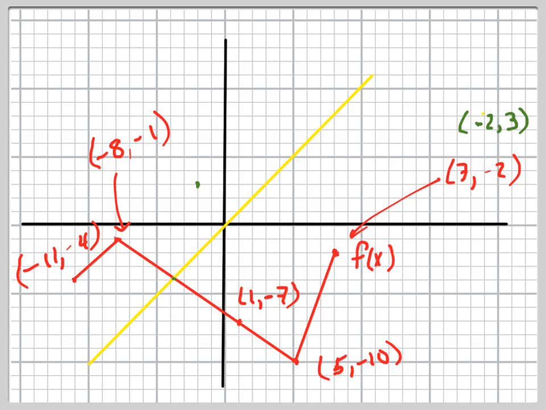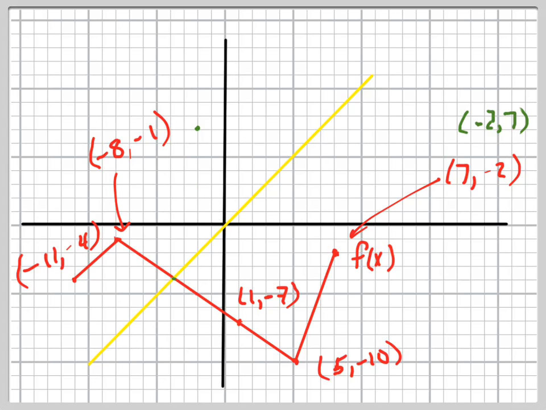Yeah, that's a 7. That's not right. This should be 7 right here. I wrote it kind of funky, so I wrote that wrong. Let me redo that. Negative 2 comma 7. So that would be negative 2 and up 7 right there.